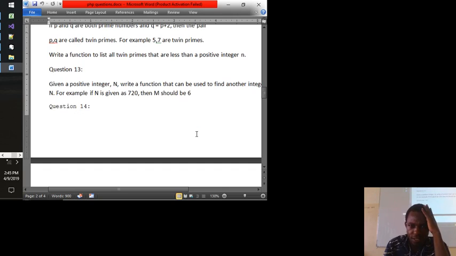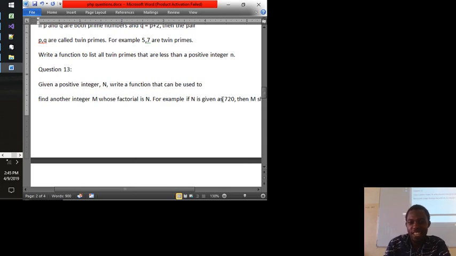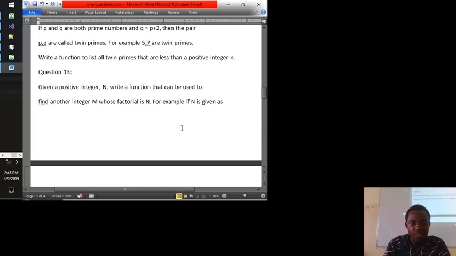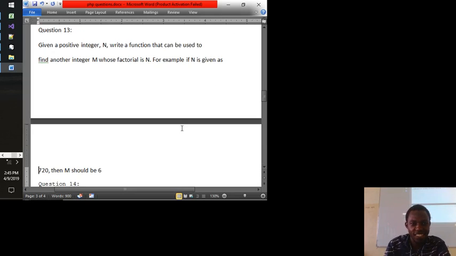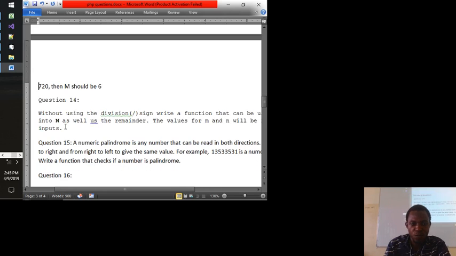Write a function that can be used to find the integer. I know it's Malik who is doing question 13, because he sent me the code. You can do this one.